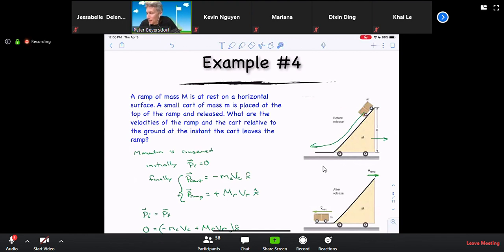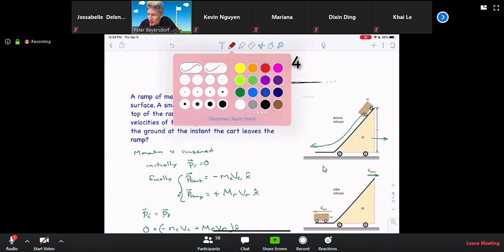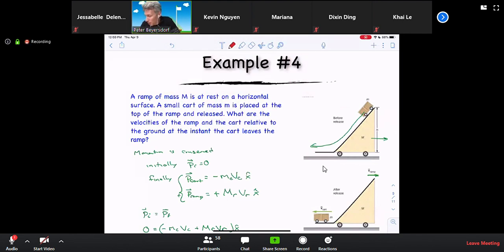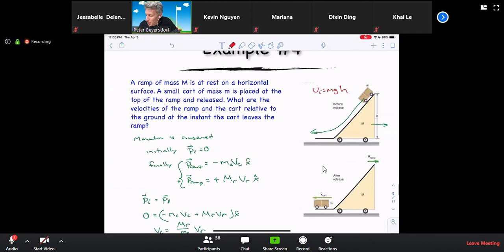Here, as this cart slides down, we're saying momentum is conserved, but we can also say energy is conserved. There's no friction involved. There's no work being done to add or subtract energy from the system. So I should be able to say the initial energy, which is all potential, equals the final energy, which is all kinetic.